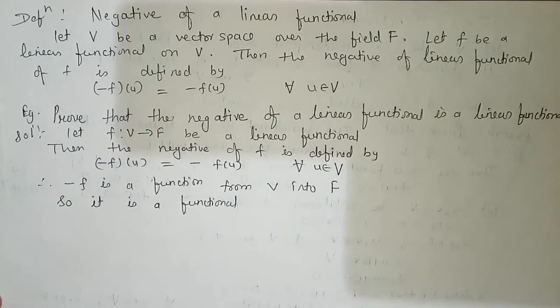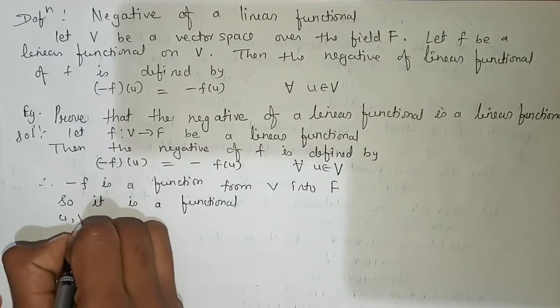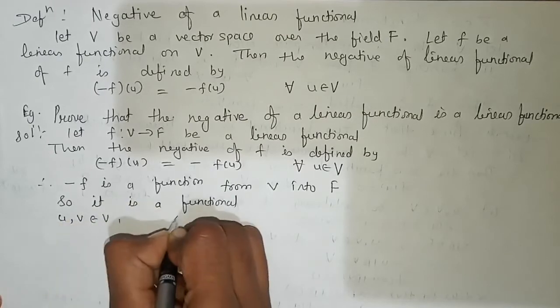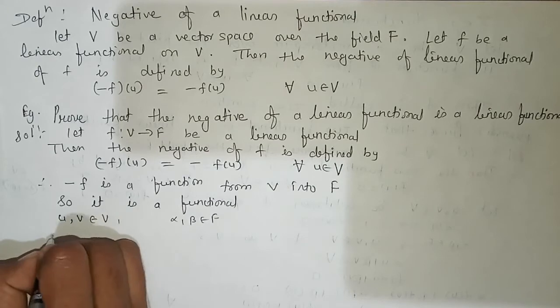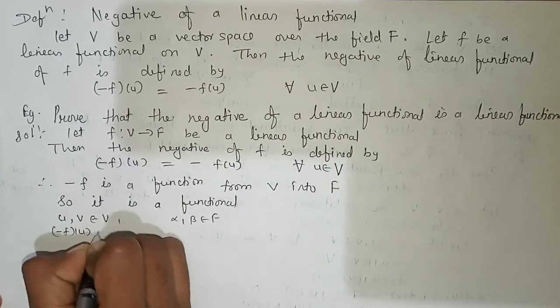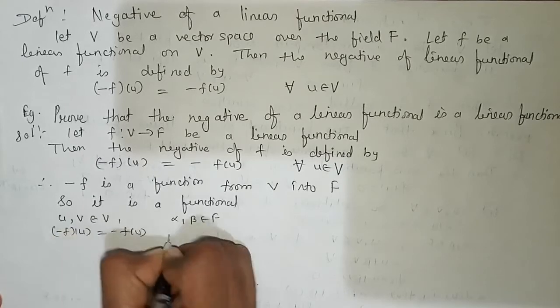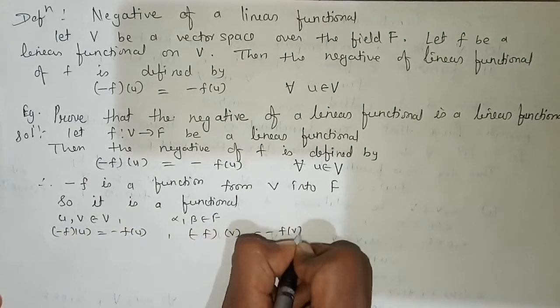Now to prove that it is a linear functional, we are selecting any two elements u and v belonging to V and alpha, beta belonging to F. If u and v belong to V, then we know that (minus f)(u) is equal to minus f(u) and (minus f)(v) is equal to minus f(v).